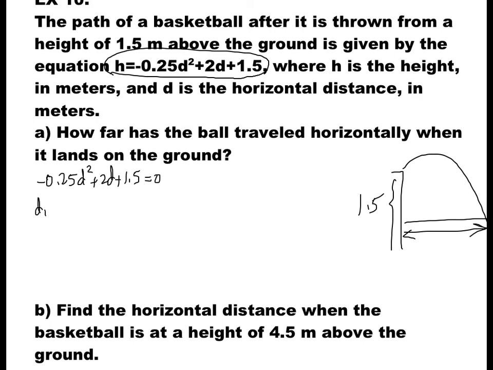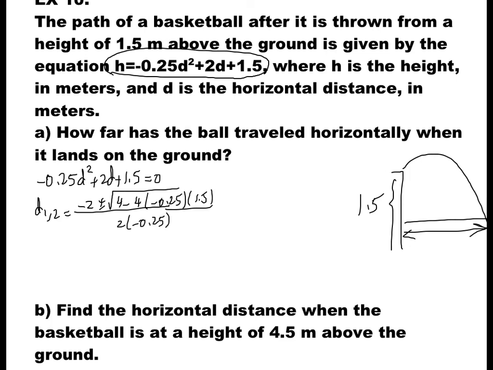Again, using the quadratic formula, I get negative b, which is negative 2, plus or minus the square root of b squared, which is 4, minus 4ac, where a is negative 0.25 and c is 1.5, divided by 2a, which is 2 times negative 0.25.